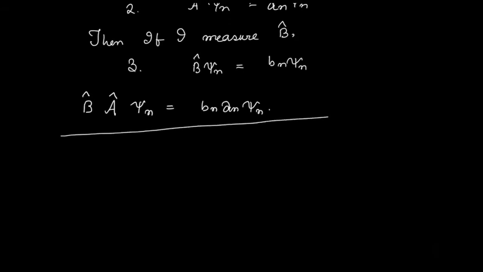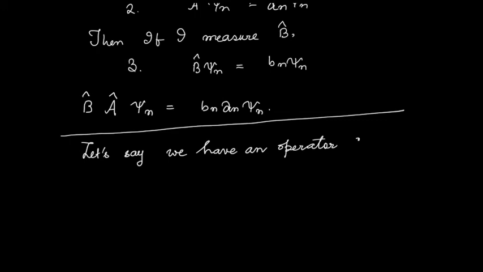If it is not so, then what will happen? So let's say we have an operator C, another dynamical variable, which is another operator C. Now A cap and C do not have the same eigenfunctions.